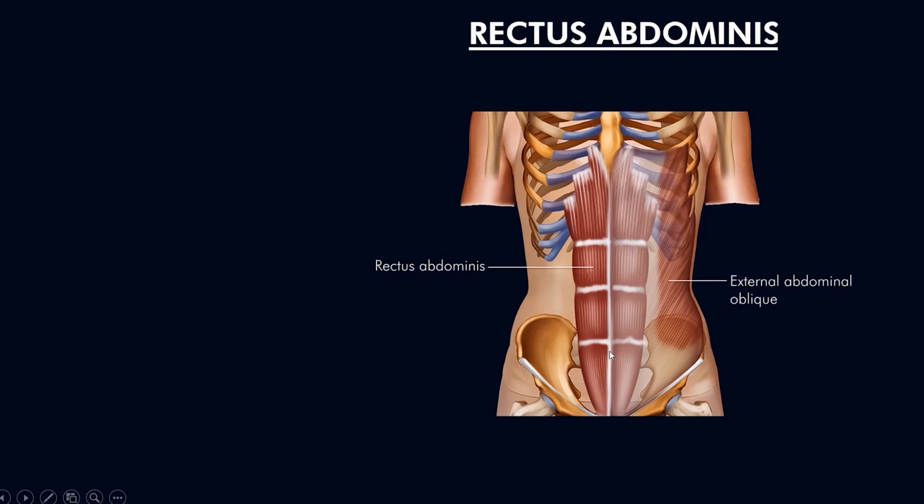A very important topic, and it can be a commonly asked question in your practical viva, because yes, I got it when I was in first year. Whenever you have this divarication of recti, you can have herniation occurring.